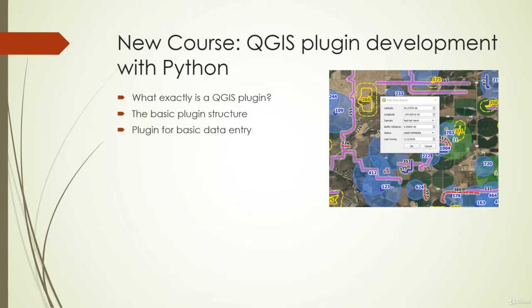And when you click OK, it adds both the point for the nest feature and a buffer of the appropriate size. And that can be done in just a few seconds. And if you think about how long it would take to go through and do that entire operation manually, and how many mistakes might get made if they choose a buffer size that's inappropriate to the species, etc., then you can appreciate how much time this might save and how many errors it might prevent.